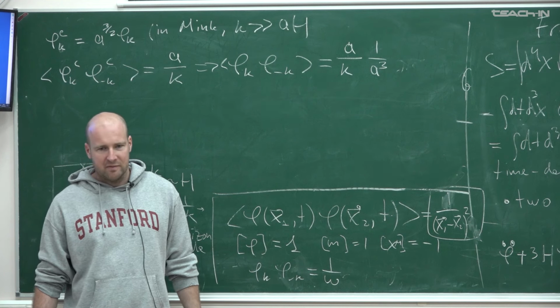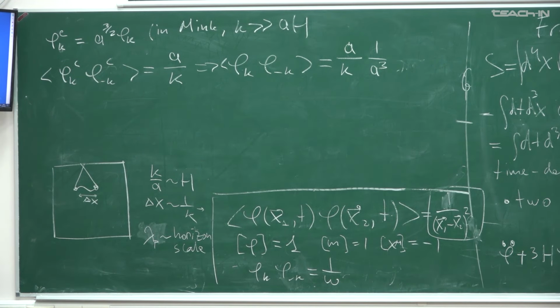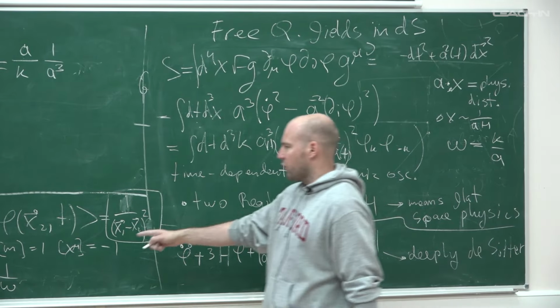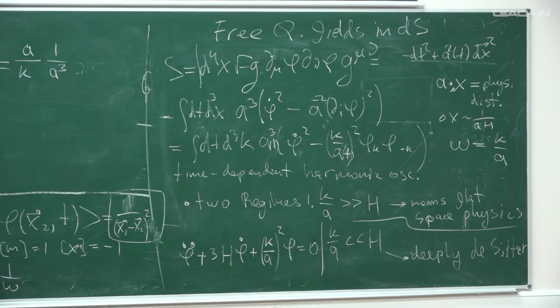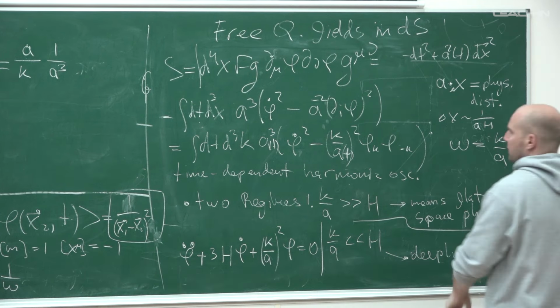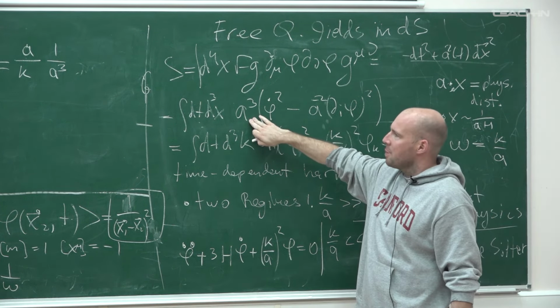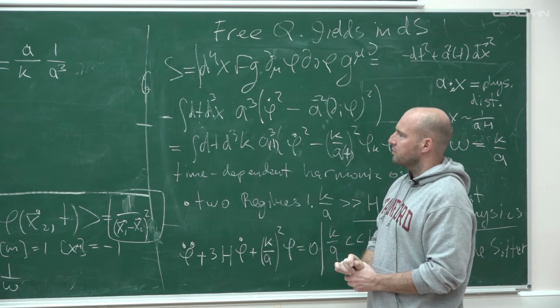Okay. So first by going to this region where momenta are large, we're in Minkowski space. So I'm just copying the answer from Minkowski space, but we need to do a careful rescaling, right? So this is 1 over omega, right? Because omega is k over a. But I had also this prefactor a cubed, right? So, am I right that this rescaling of phi is important to get flat?